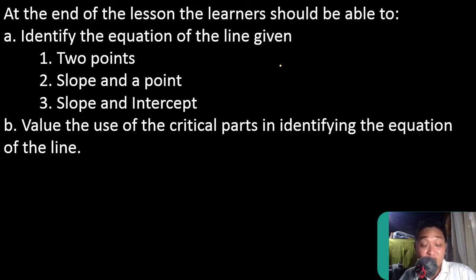pertains to a linear equation. So, ibig sabihin, halimbawa, from the problem, alam natin yung characteristic ng problem, linear equation pala siya. Kailangan, una sa lahat, alam natin kung paano siya express as equation, linear equation.